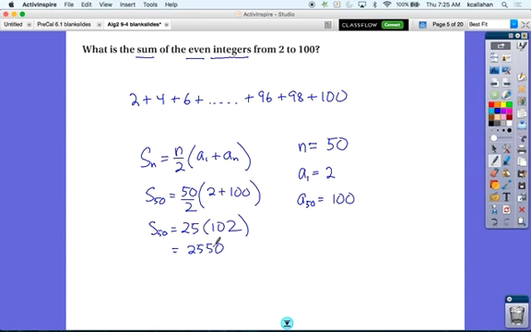So there's a story of a famous mathematician, Gauss. He was a German mathematician. Some say he's the most prolific, meaning he produced the most important work of any mathematician in history.